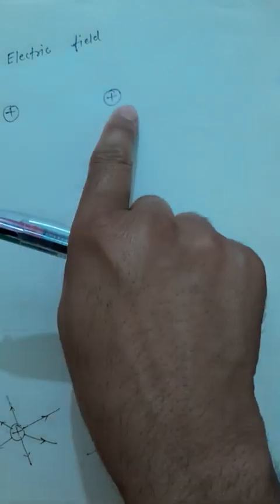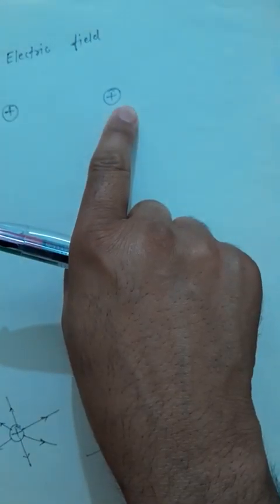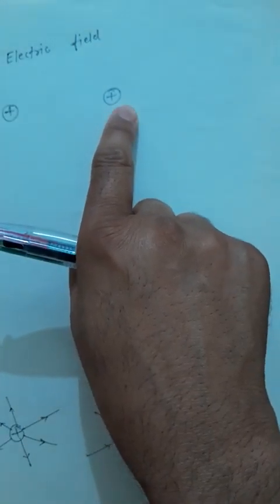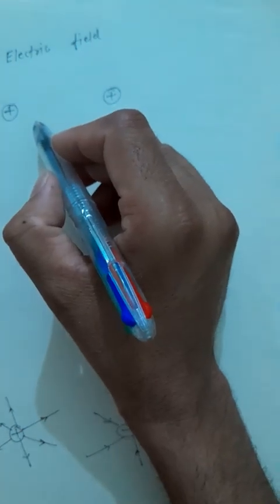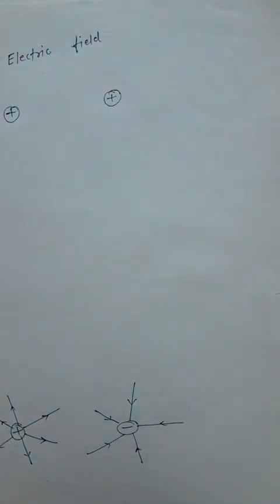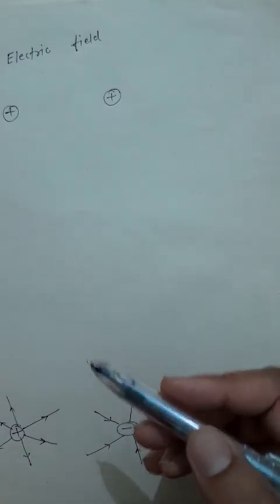And when two positively charged particles interact, the length of these electric field lines increases. I mean to say that they elongate.